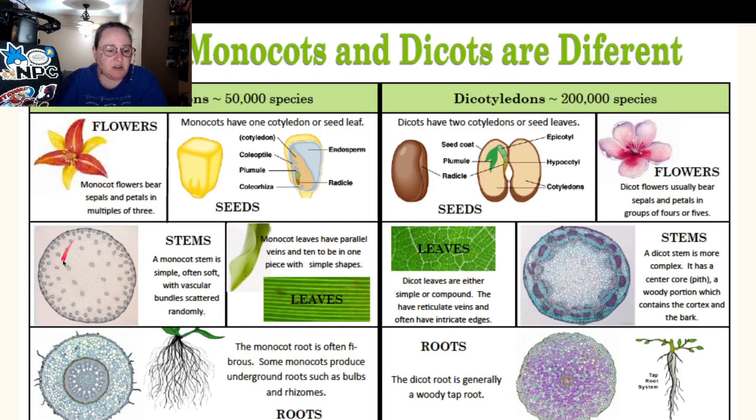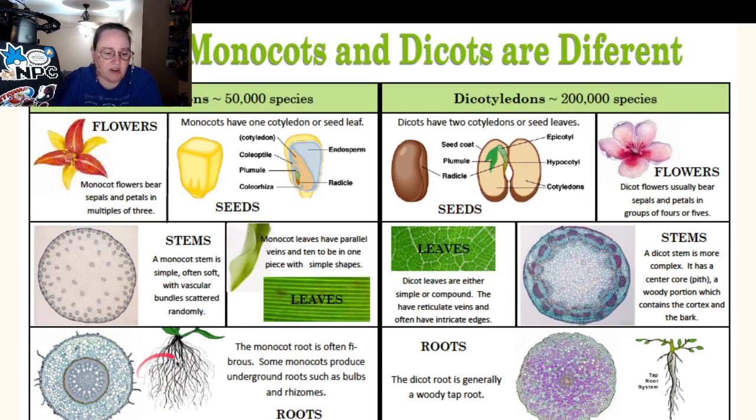The vascular bundles are very randomly scattered. So keep in mind, very, very simple stems. Their leaves have these straight lines. They're simple shapes. They only have the one cotyledon leaf that pops out. So when you plant a piece of corn and the little shoot comes up, only one leaf will pop off of that. And their roots are usually very, very fibrous.